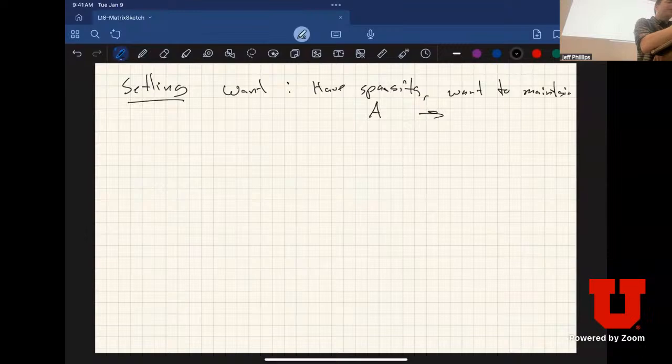So I have sparsity in A, and I want to sketch it with the matrix B. By sparsity, I mean something like 99.9% of all entries are going to be zeros. Okay, this happens in a lot of recommendation data.